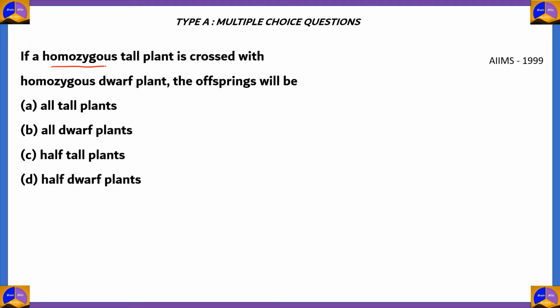If a homozygous tall plant is crossed with a homozygous dwarf plant, the offsprings will be A, all tall plants, B, all dwarf plants, C, half tall plants, and D, half dwarf plants. This question is based on Mendelian genetics. So the genetics that was initially brought forth by Gregor Mendel.